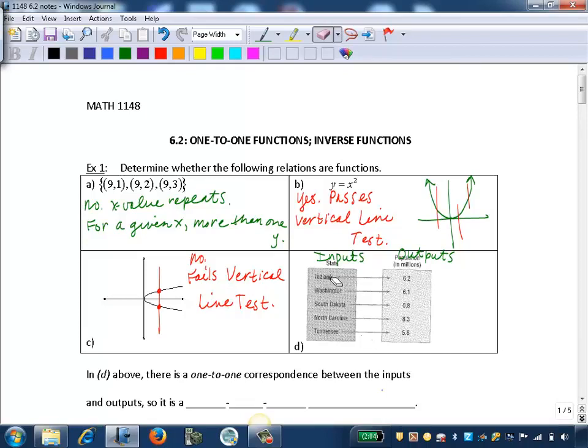So we know each state can only have exactly one population. So there's exactly one arrow going from each state to exactly one population. So since there's not multiple arrows coming from any given input, we know that this is a function. So yes, it's a function, and that's because for each input, we have exactly one output.